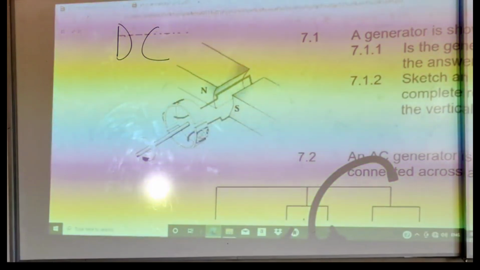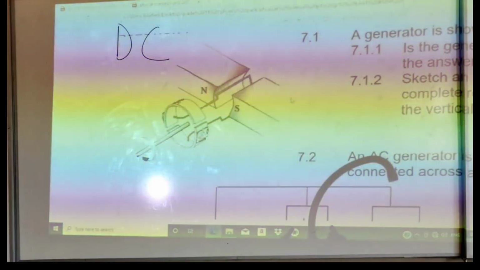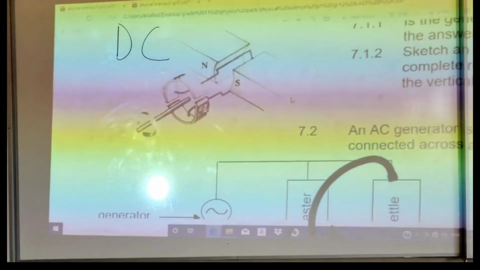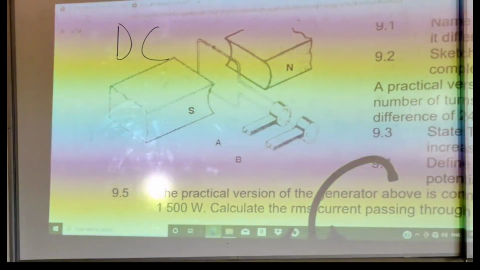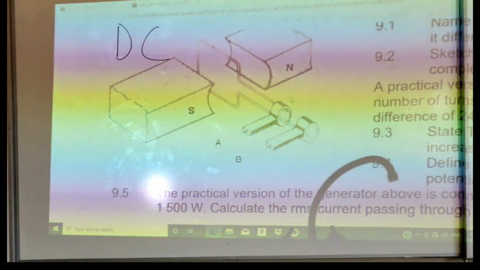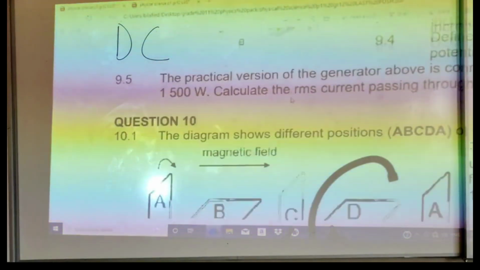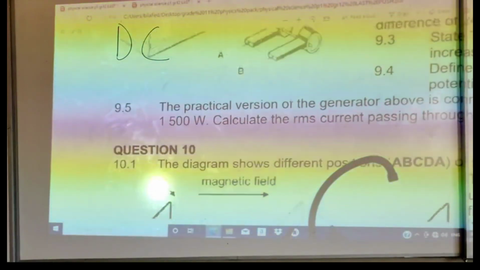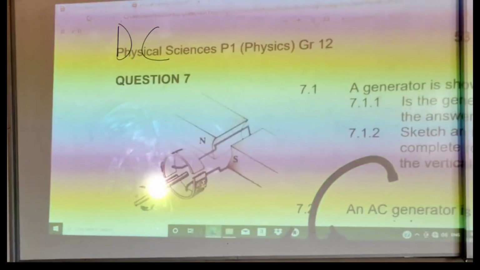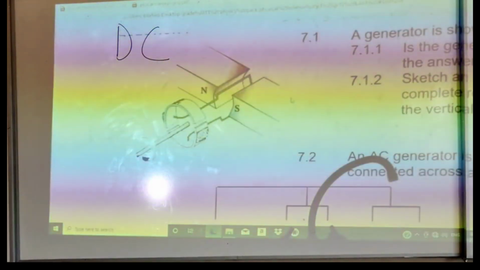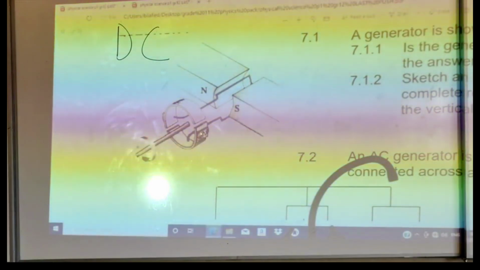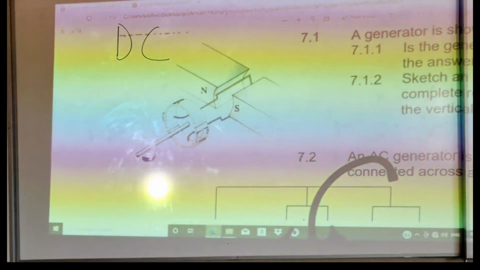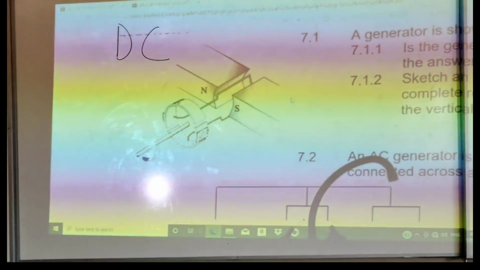AC has got slip rings. With the slip ring, we do not have the split. Slip ring, just like that one. Then the split ring, which one is the split ring? This one, which has got what? A gap. The one with a gap is the split ring. The rings are split.